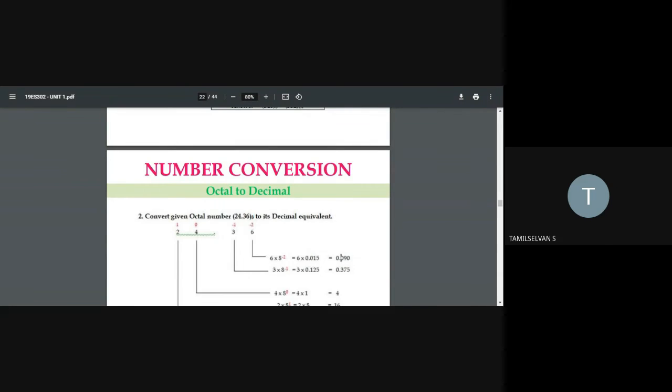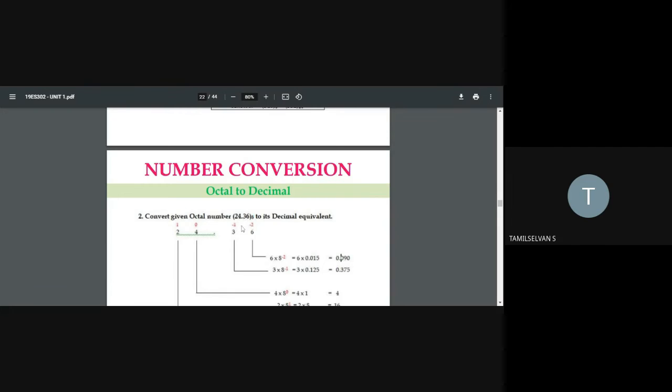But the binary number system base value is 2, so I multiply 2 power 0, 2 power 1, 2 power minus 1, 2 power minus 2, etc. This is an octal number system, so the base value is 8. I can multiply or divide, whatever the operation may be, and take the 8 to the power.